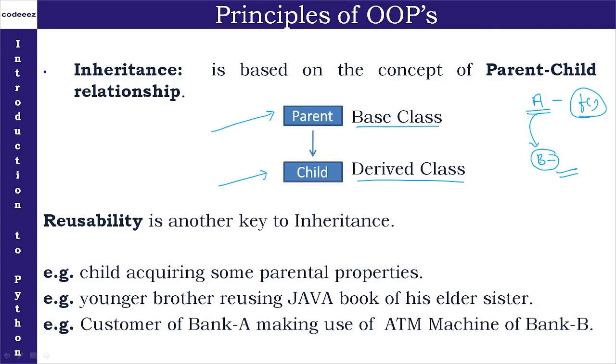Something is already there, so instead of remaking it, we can reuse it. Okay, so this is the concept of inheritance. For example, nowadays we can use the ATM machines of any bank. If I'm having an ATM card of ICICI bank, of course, I'm not going to search for an ICICI ATM; I can make use of an SBI bank ATM also. So this is how inheritance is achieved in real life, right?